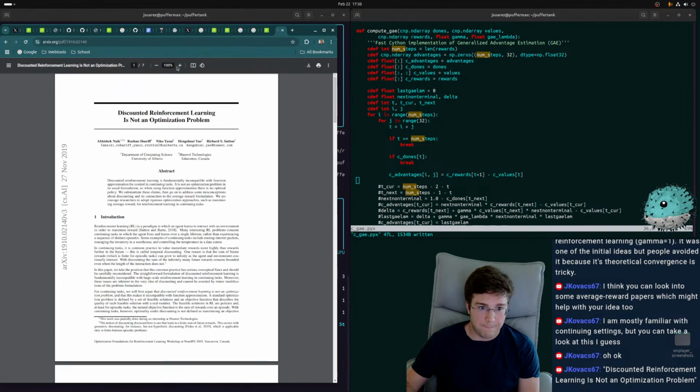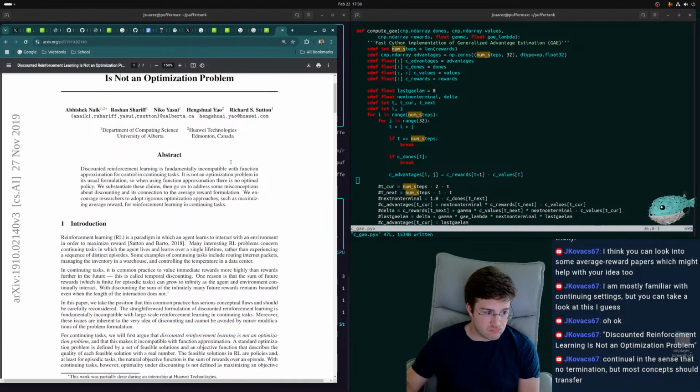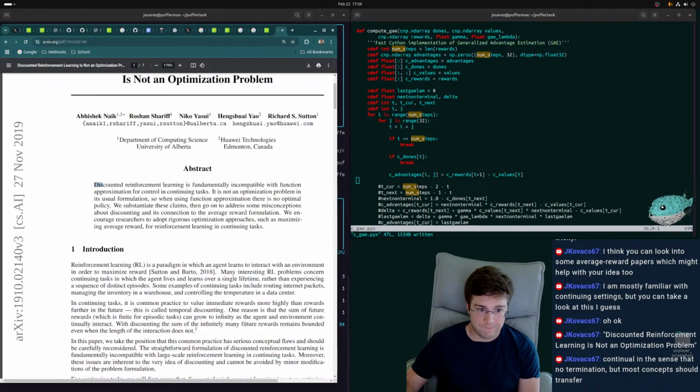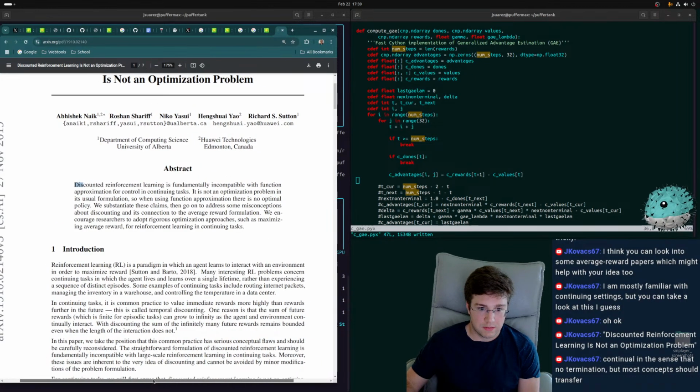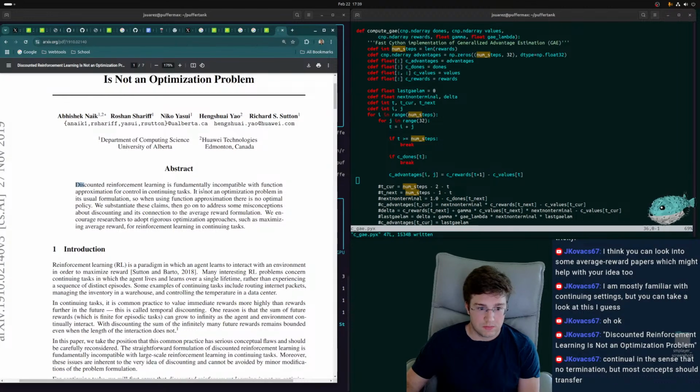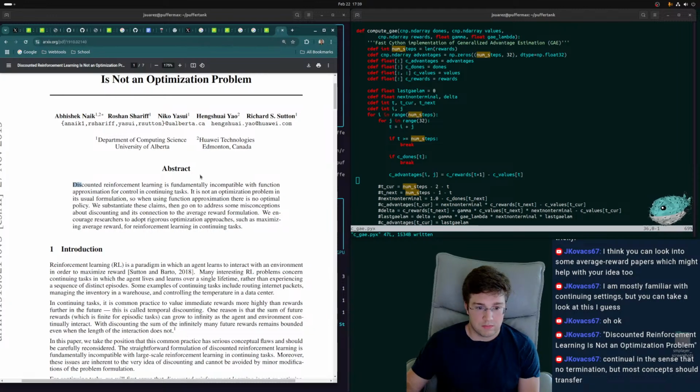Sutton paper. What? Maximizing the average reward.